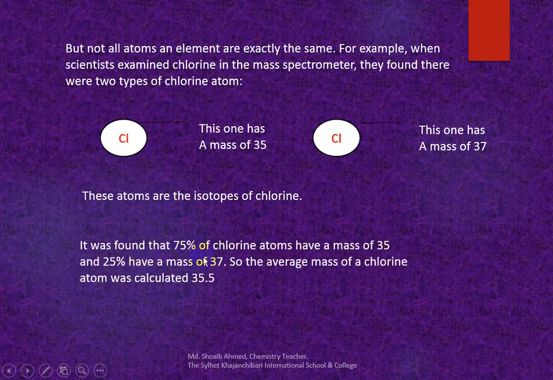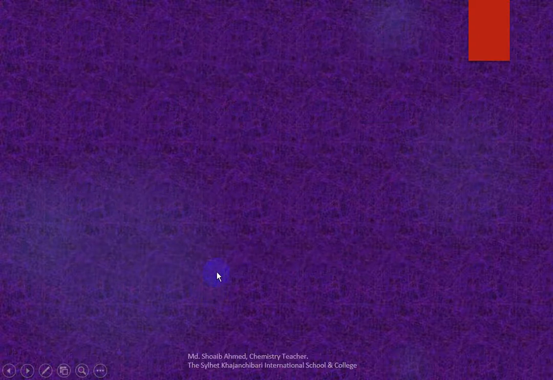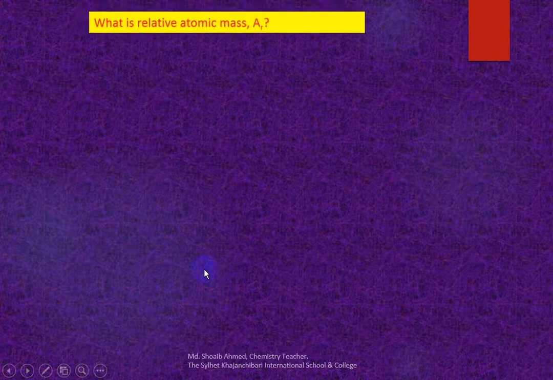It was found that 75% of chlorine atoms have a mass of 35, and 25% have a mass of 37. So the average mass of a chlorine atom was calculated as 35.5.